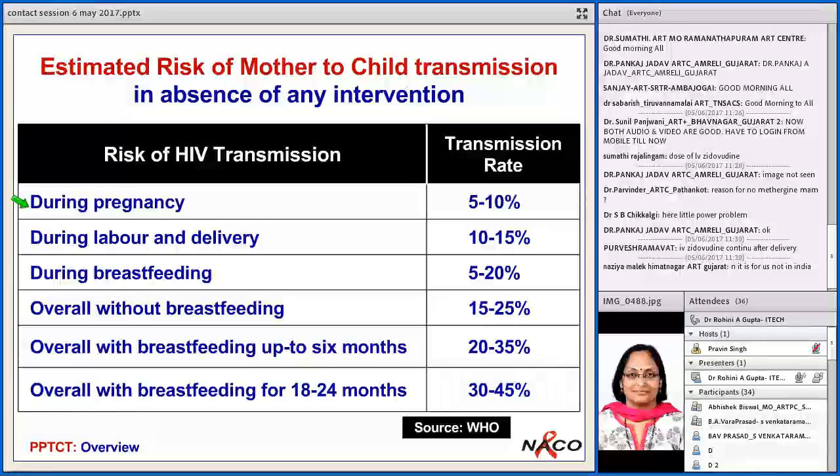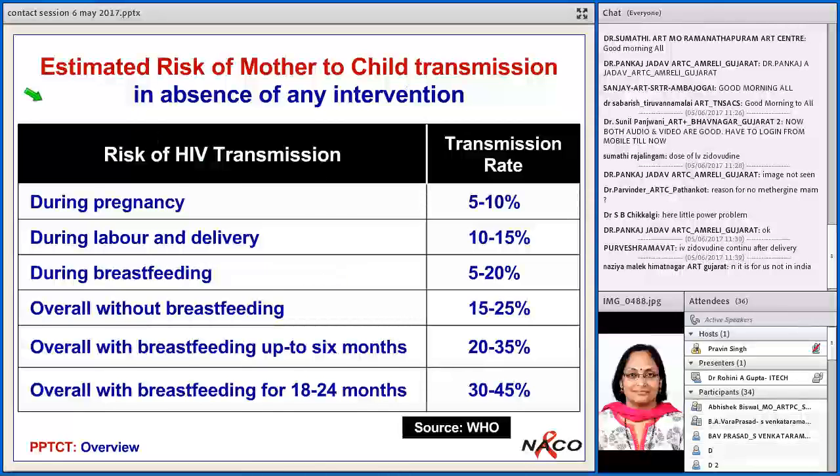The overall risk with breastfeeding for 2 years is 30 to 45%. The breakup: during pregnancy it is 5 to 10%, during labor and delivery 10 to 15%, during breastfeeding 5 to 20%. Overall, without breastfeeding is 15 to 25%, and overall with breastfeeding 20 to 35%.